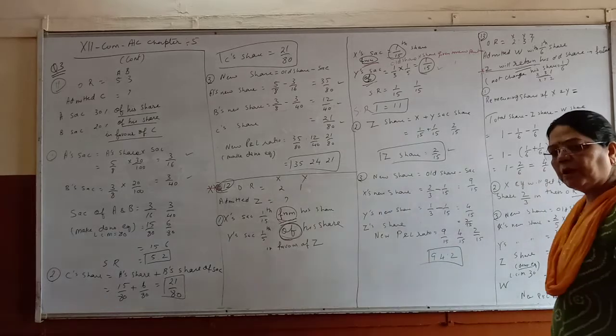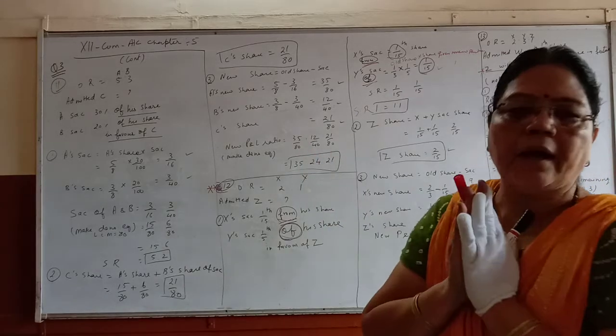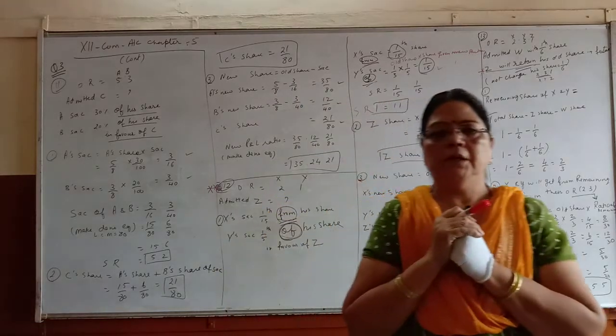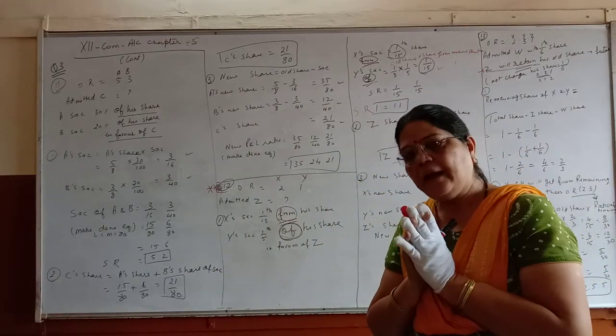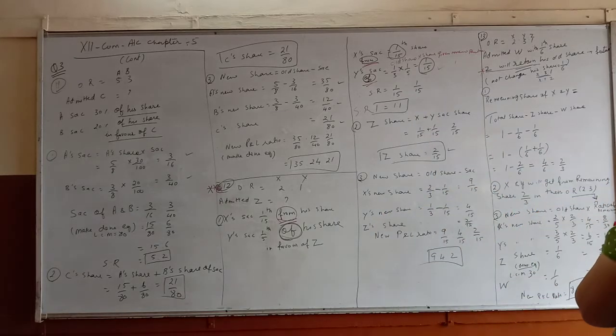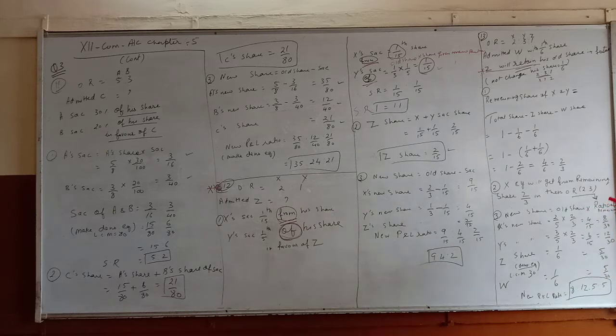So what is 2/3? The remaining share, for X and Y. The remaining share is 2/3.